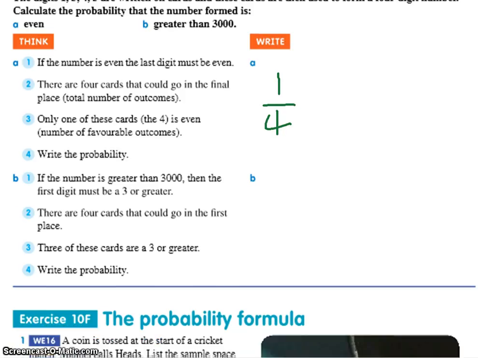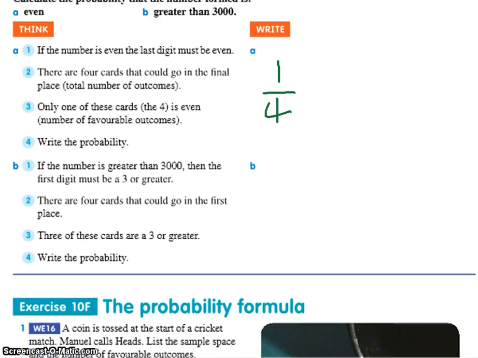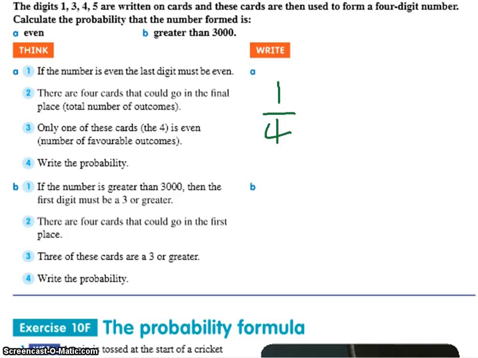What about if the number's going to be greater than 3,000? There's still 4 cards that can go in the first place, but how many of those 4 cards will actually work? It's got to be greater than 3,000.